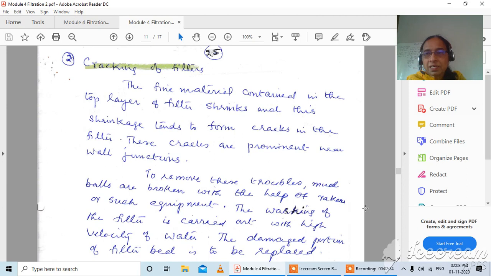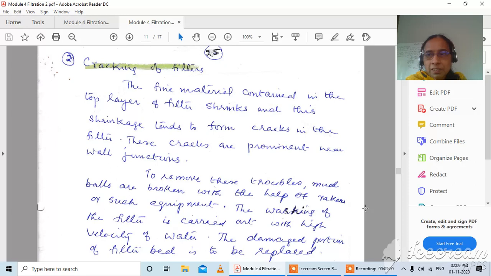That means shrinkage is taking place, and in the top layer of the sand bed, which has these fine colloidal particles, small cracks are formed. These cracks are usually along the corners or side walls and not along the wash water trough or near it. It is away from that.